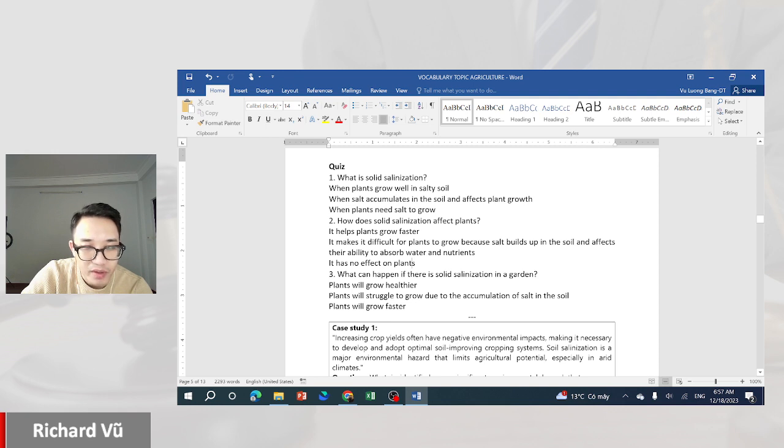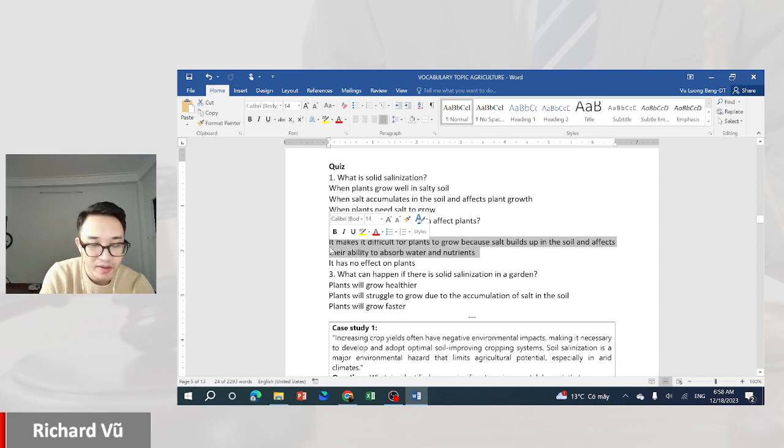However, salinization makes it difficult for plants to grow because salt builds up in the soil and affects the ability to absorb water and nutrients. So this option is correct.